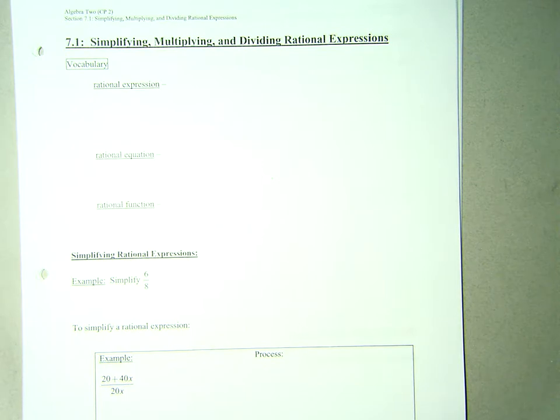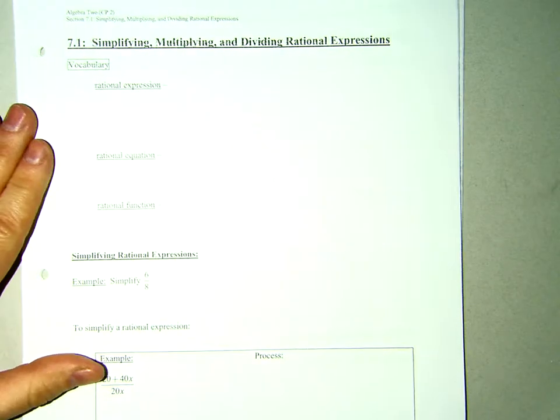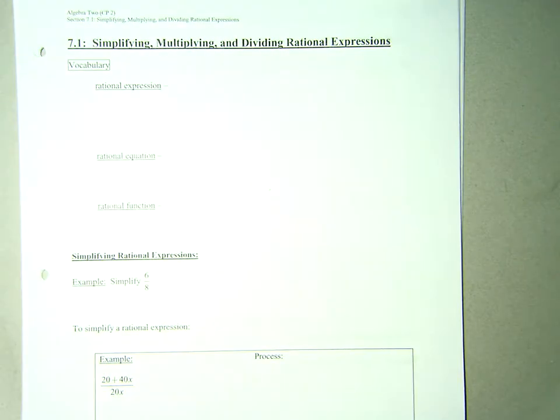However, these are not normal fractions. These are fractions with x's all over the place. So we are going to be looking at rational expressions, equations, and functions. A rational expression is a fraction where the numerator and denominator are polynomials.